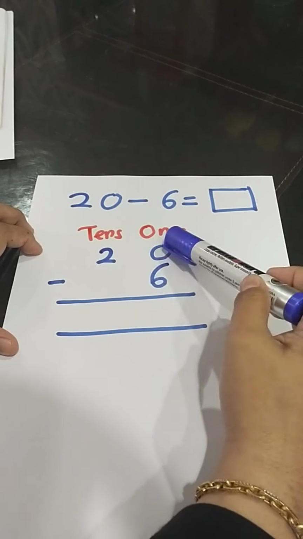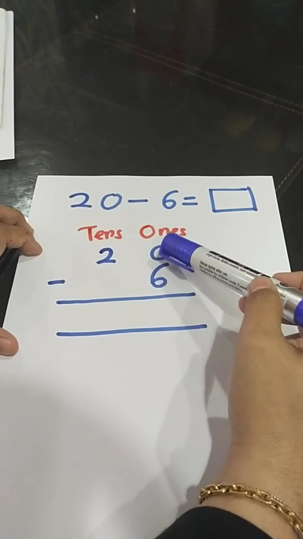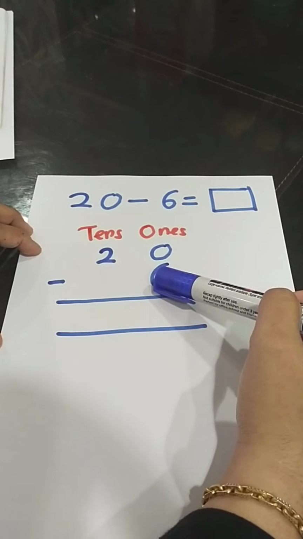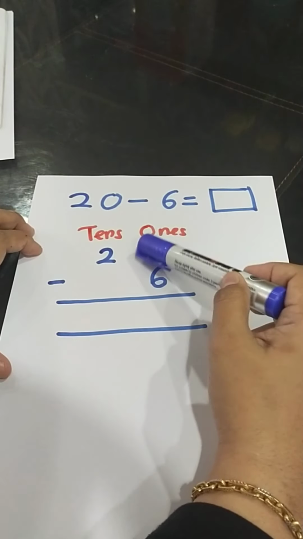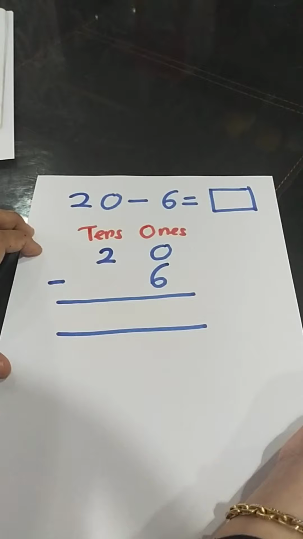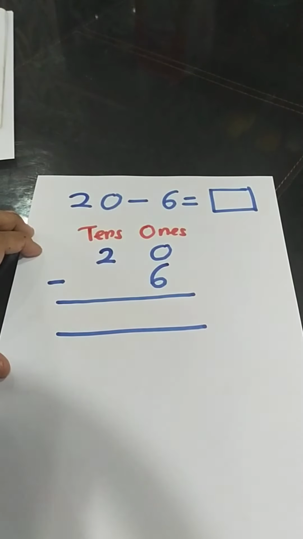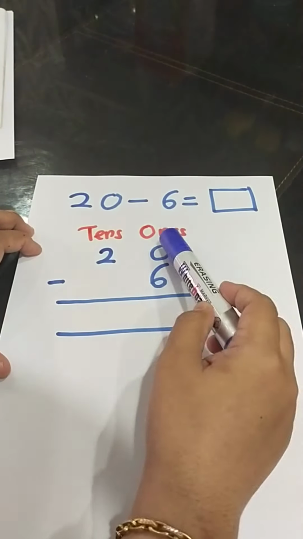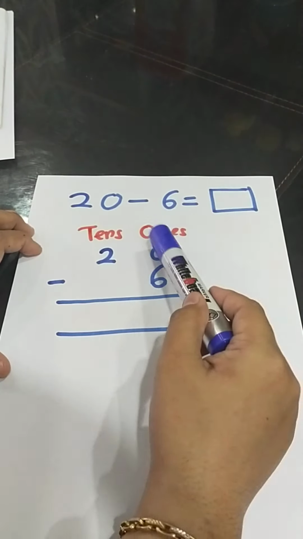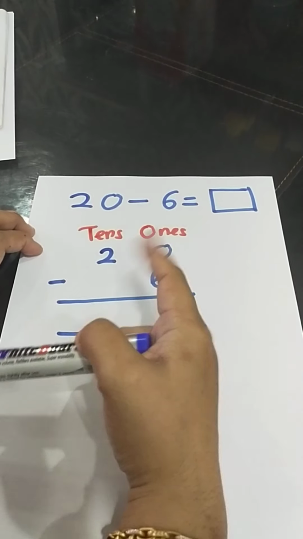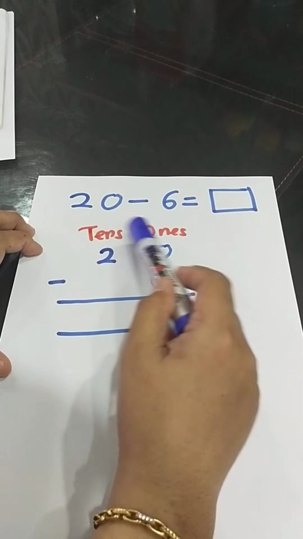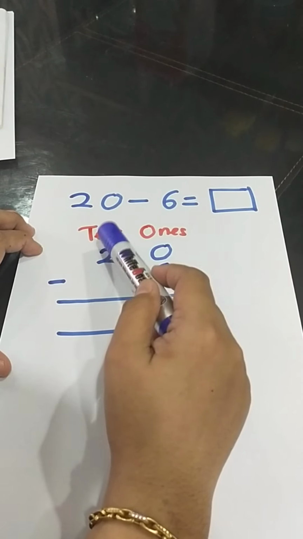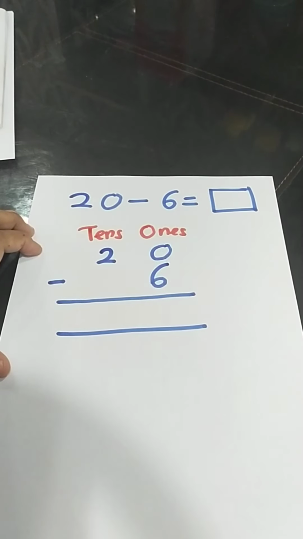So we can't minus if like this. So what you need to do is we need to change 0 to a larger number. How to do? We need to borrow from tens. Borrow 1 ten. 1 tens means 10. Okay, kita kena pinjam 1 tens from tens place.